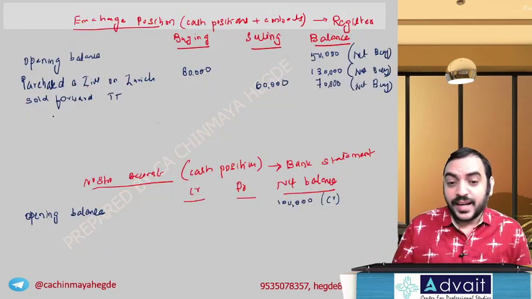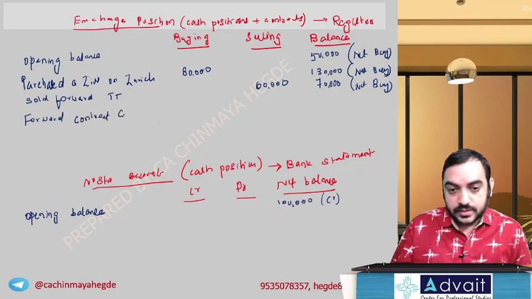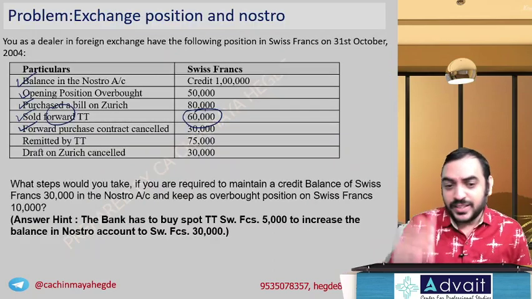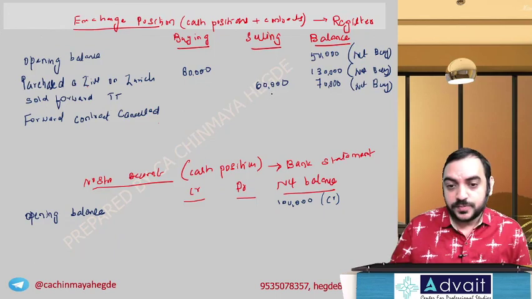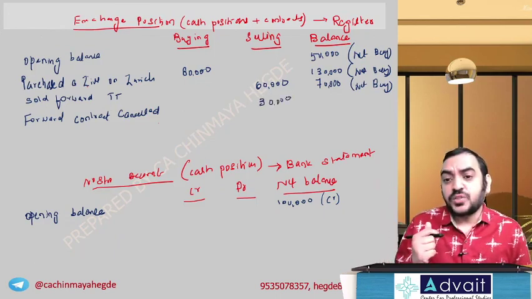So forward contract cancelled. It's like a purchase return. It will come in sales column 30,000. So we thought opening balance we had 50,000 net buy. We thought 30,000 would be buying.